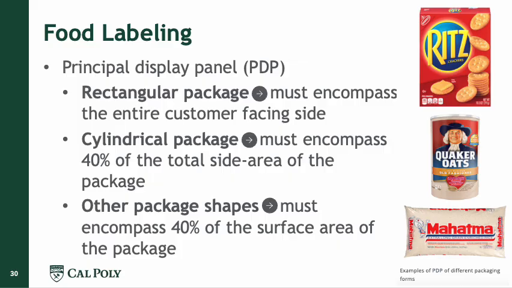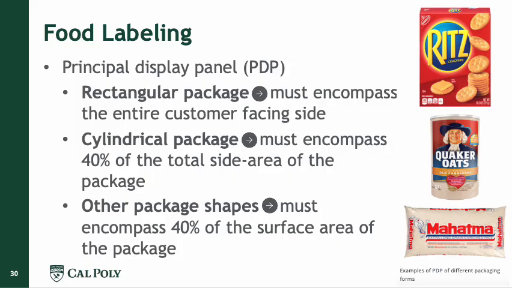And depending on the shape of the package, we can have different specifications. On the right side, we have 3 examples of packages. We have a rectangular package, a cylindrical package, and another package, which is a plastic bag. If we use a rectangular package, the PDP, or principal display panel, must encompass the entire customer-facing side. And that's what we can see in the Ritz cookies.